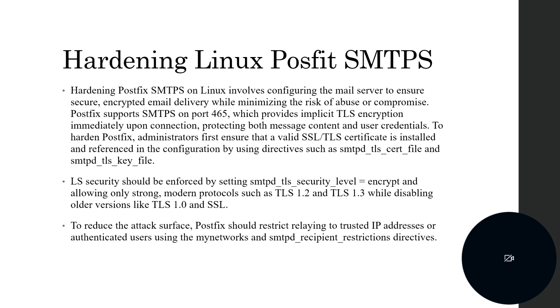smtpd_tls_cert_file and smtpd_tls_key_file. TLS security should be enforced by setting smtpd_tls_security_level equals encrypt and allowing only strong modern protocols such as TLS 1.2 and TLS 1.3, while disabling older versions like TLS 1.0 and SSL.